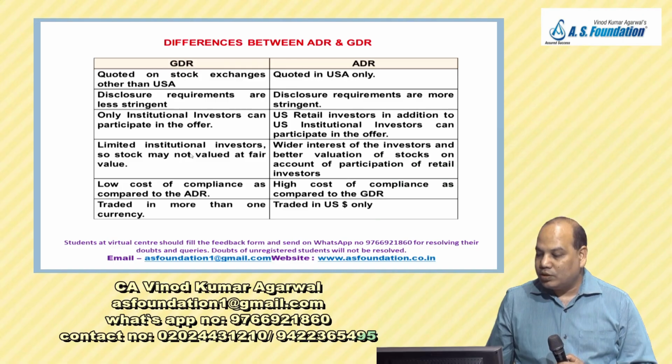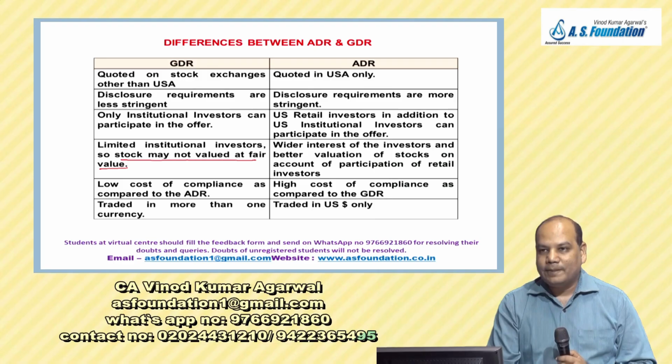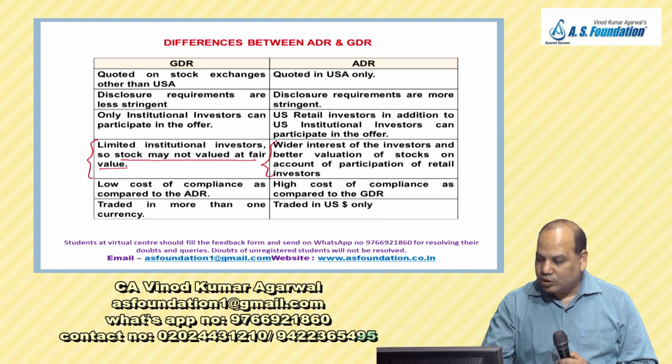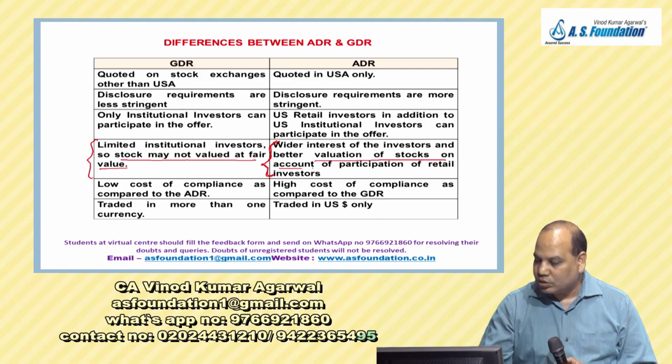Because in ADR you have retail investors also participating, whereas in GDR you have limited institutional investors, so the stock may not be valued at fair value because a limited number of investors are there. But here we have more number of investors, more people are participating in buying and selling. Valuation of the stock on account of participation of retail investors will give a better valuation.